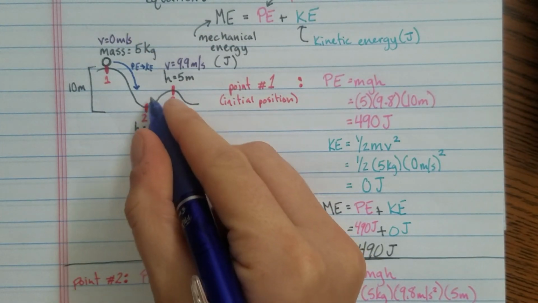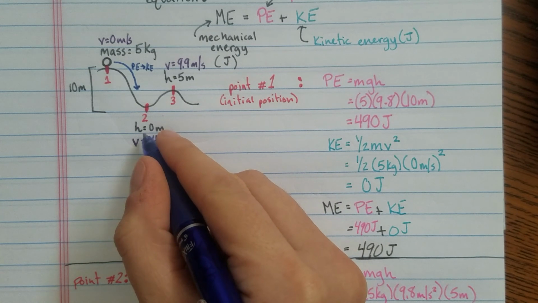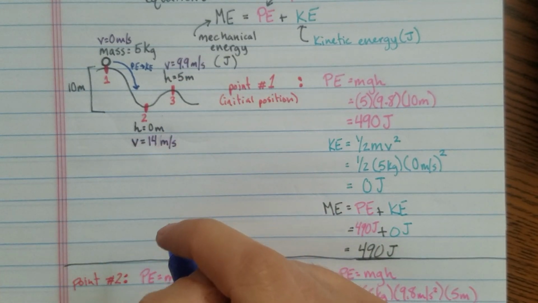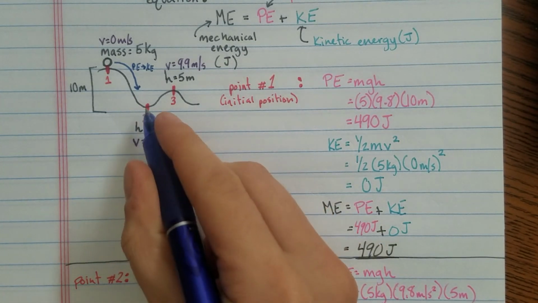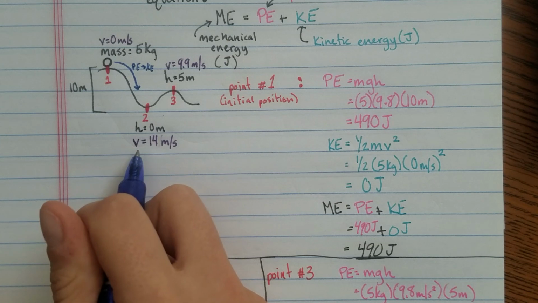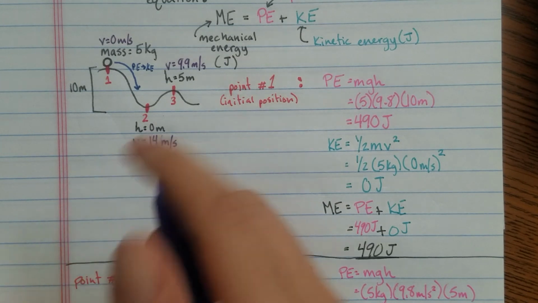When it reaches this lowest point with a height of 0, all of our potential energy has been converted to kinetic energy. So at our lowest point, where we have all kinetic energy, we're going to see our fastest velocity.